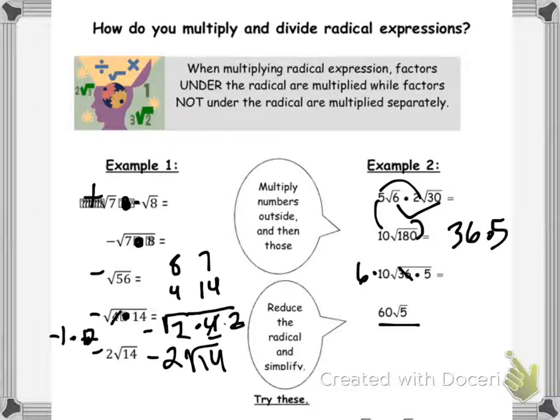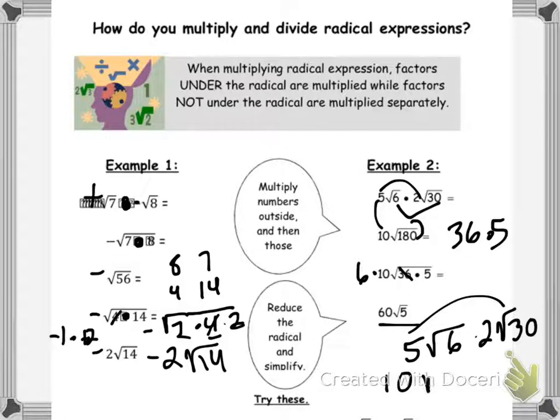Now, there's another way we could have done it. 5 on the square root of 6 times 2 on the square root of 30. We can go ahead and simplify these right now. So we can do 5 times 2 is 10 on the outside. Now we've got square root of 6 and square root of 30. Factors of 30 will be 5 and 6.